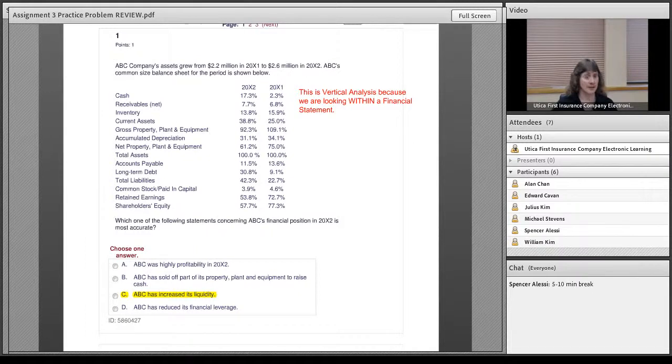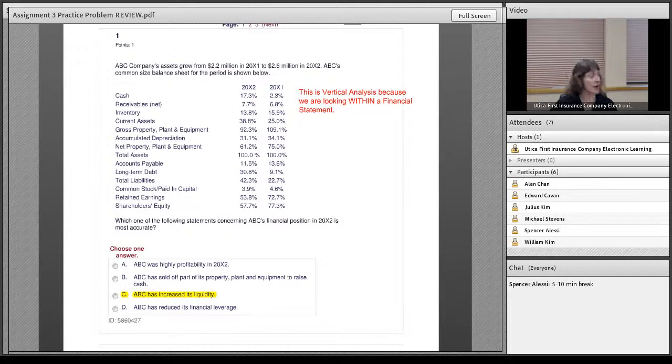Vertical analysis is always looking at the numbers within a financial statement and comparing them to one another. In a question such as this, where they are showing 2 years and they have a common sized statement, remember that common sized means I take one number on the statement, and for this one it would be your assets.